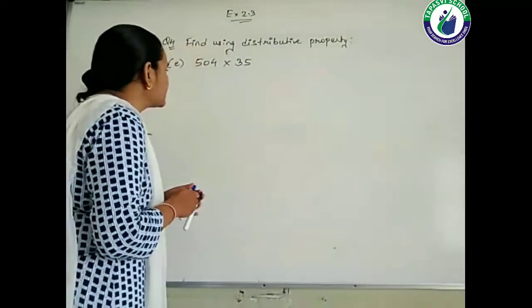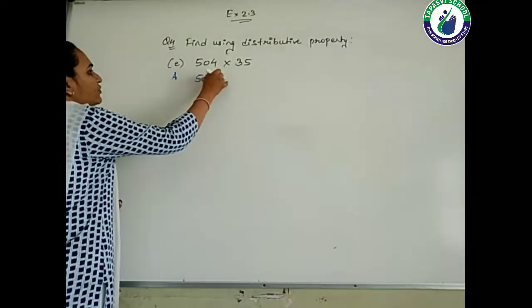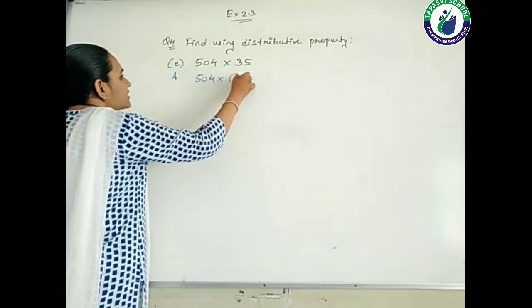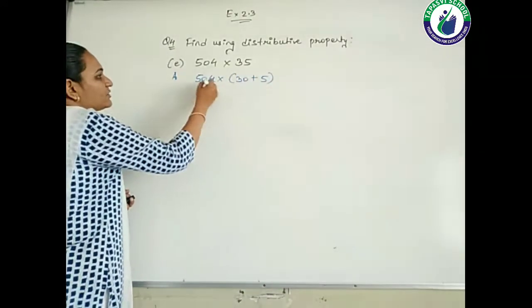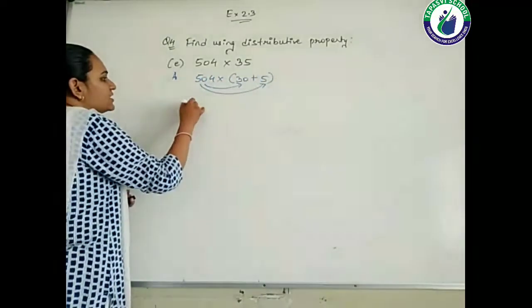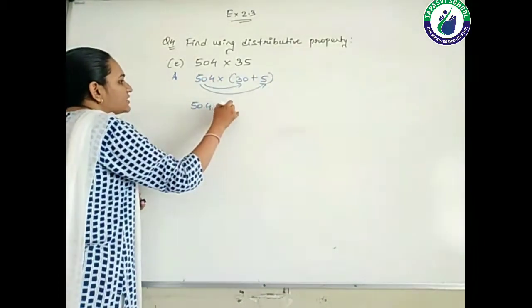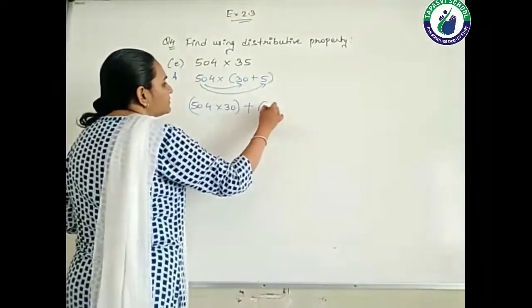So here I am writing the solution for it, students. 504 into 35 we can write as 30 plus 5, right? So 504 with the 30, then 504 with the 5. So I am multiplying 504 with the 30 first, then 504 with the 5.